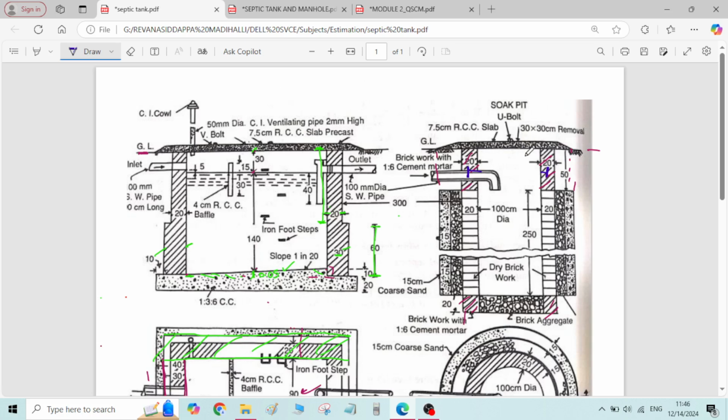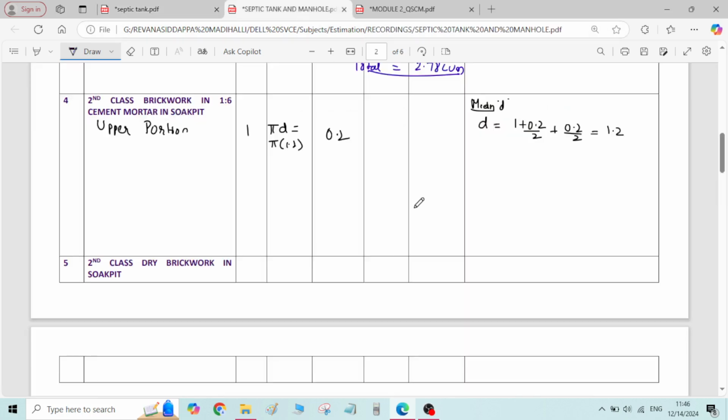Height is 50 centimeter, 0.5 meter. So calculating the mean diameter, you can calculate the perimeter, perimeter multiplied by thickness will give area, and area multiplied by height will give volume. So the final answer is 0.38.